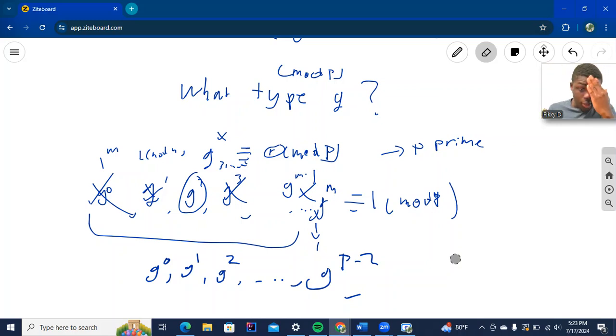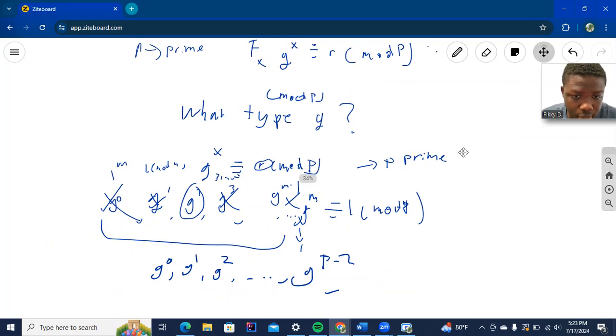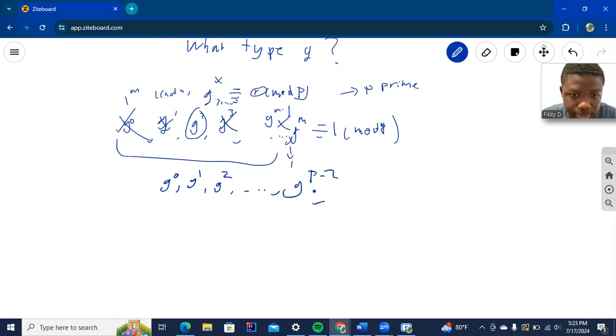Another reason we would use a prime mod is that, not only does it guarantee that there is a primitive root, there is also something called Euler's totient function. It's phi, and it's the amount of numbers less than n that are co-prime with n.